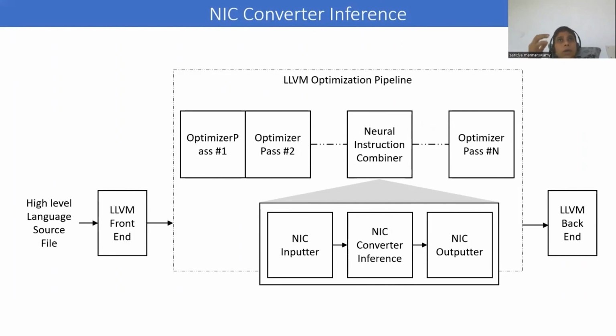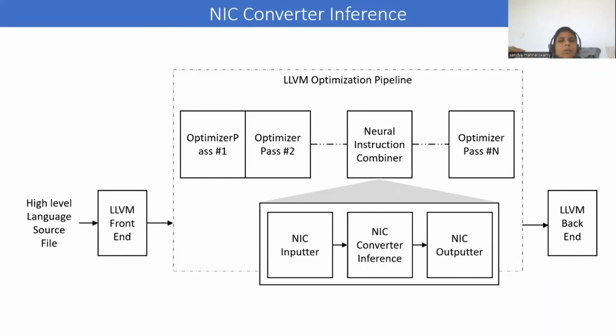The unoptimized IR corresponding to each basic block comes to the neural instruction combiner, goes through the NIC inputter, which creates an encoded representation, and passes it through the NIC converter model deployed in inference mode. This predicts a target sequence corresponding to the source sequence from the NIC inputter. And this is the optimized encoded IR sequence at the output of the NIC converter.